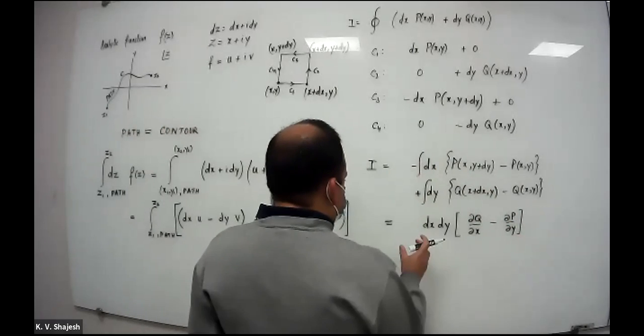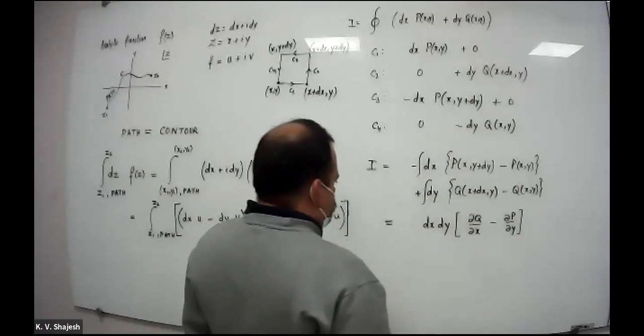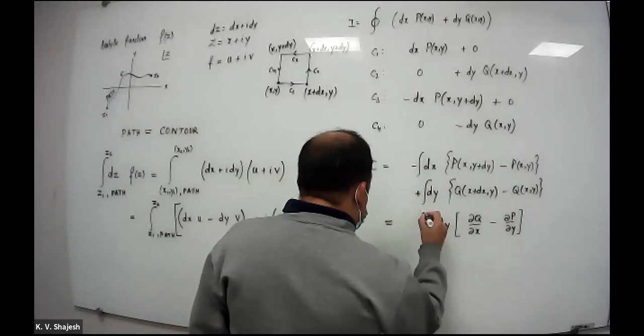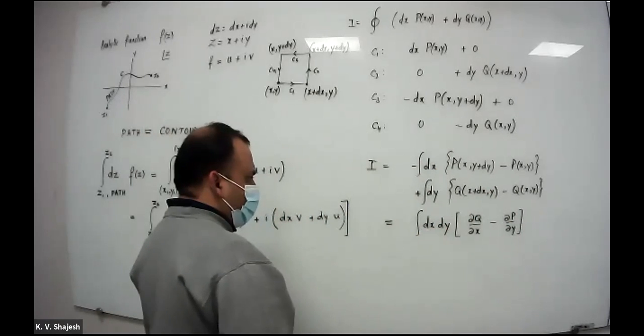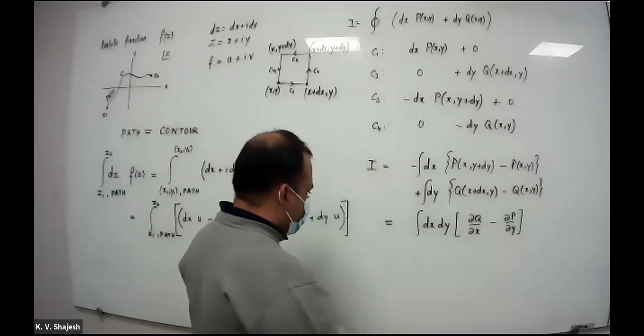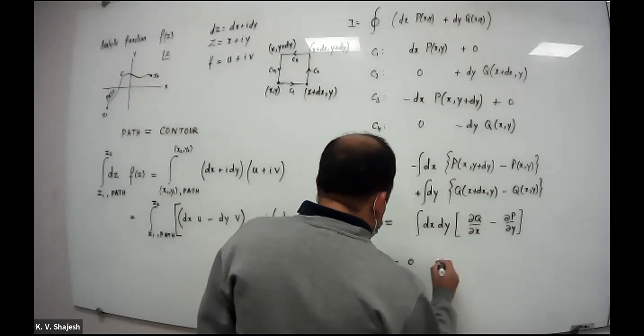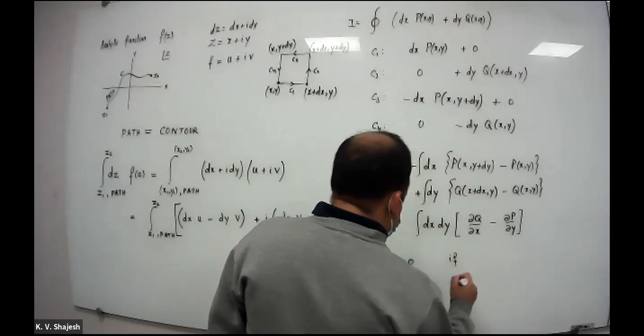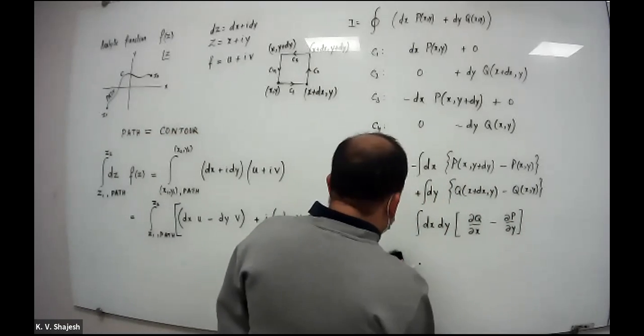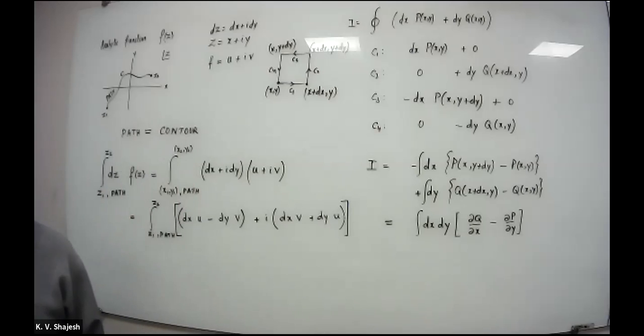And this is a small loop, so you can think of this as an integral over that small loop. But now notice, what if this was 0? This is what the loop integral is. At this point, if it is 0, then it is actually independent of the path. That's what we would say.